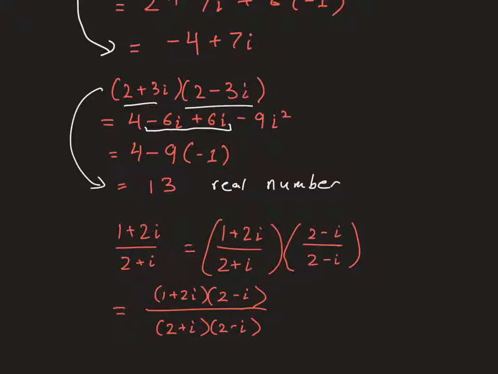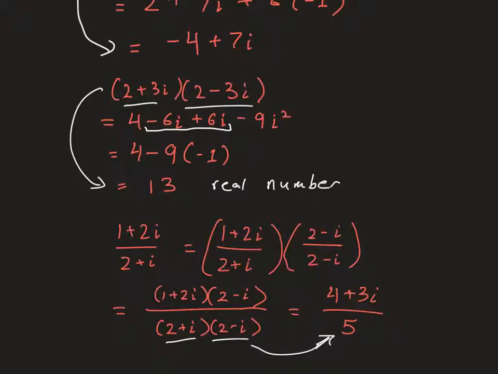So since we've already seen all the calculations on how to do this, I'm just going to write the result of doing these calculations. So the numerator turns out to be 4 plus 3i, and the denominator turns out to be 5. And so the denominator, interestingly, is a real number.